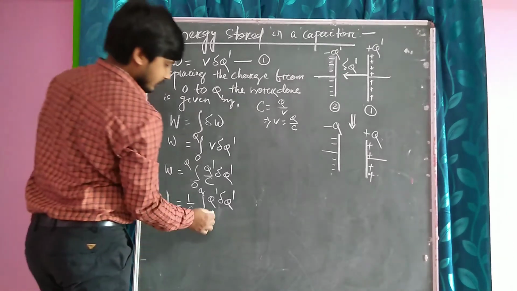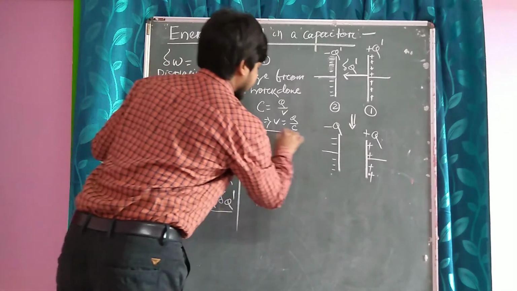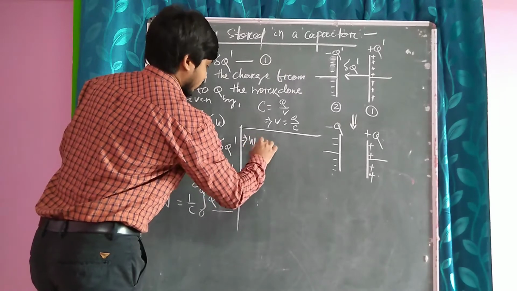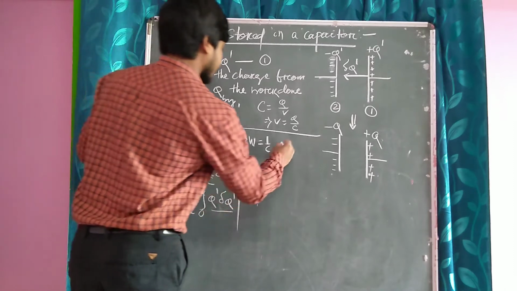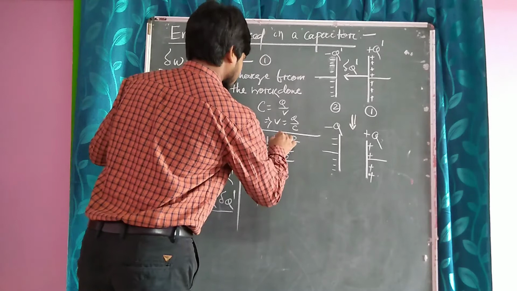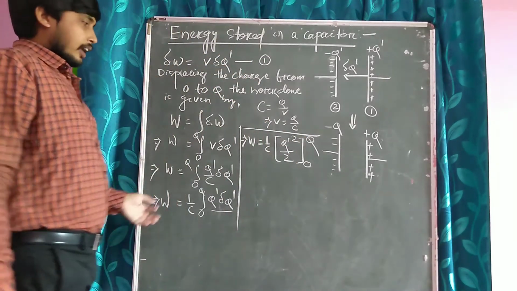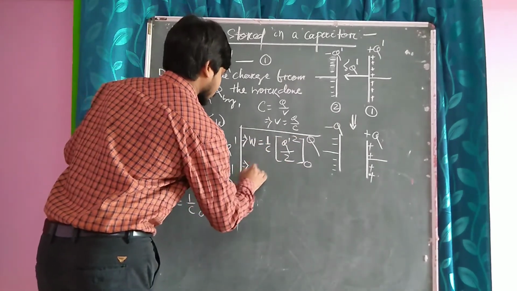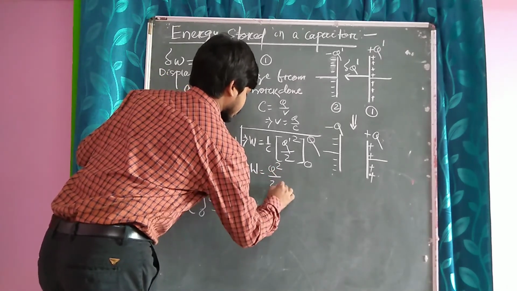Now you have to integrate this Q prime del Q prime. So when you integrate it, the work done will be equal to 1 by C times Q prime square by 2 with limits from 0 to Q. And after putting in the upper limit and lower limit, you will get W equal to Q square by 2C.